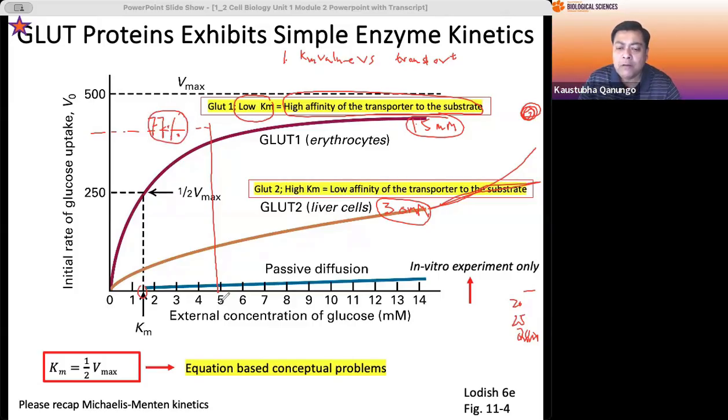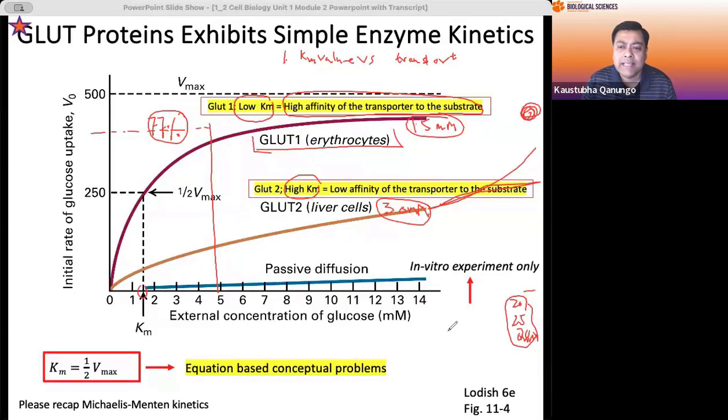So at a very low concentration of glucose, this glucose transporter is really super good at transporting glucose. Whereas you can see liver cells, GLUT2, have a high Km, so a very low affinity for the transporter, and only at high concentration, say 20, 25, 30 millimolar, will it transport glucose into the cell at a significant level.